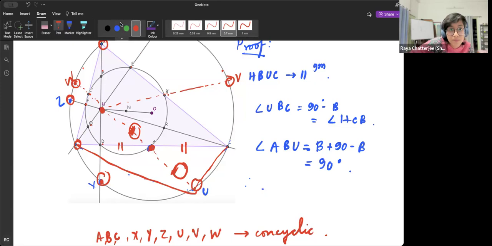Okay, so 90 minus A, 90 minus C. This is B. I haven't really thought about it that way, but yes, 90 minus B.